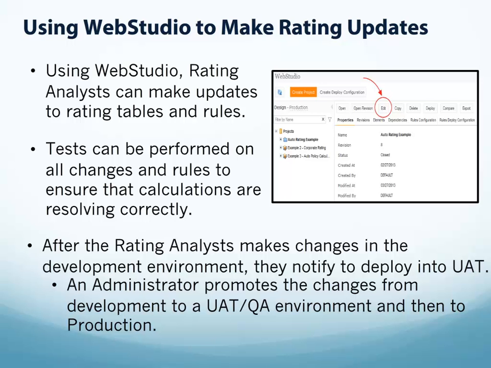After that is complete and everything is correct, they're going to actually move or deploy their new updated rule from their development environment to a UAT environment. It is required that an administrator actually migrates any changes from a UAT environment into production.